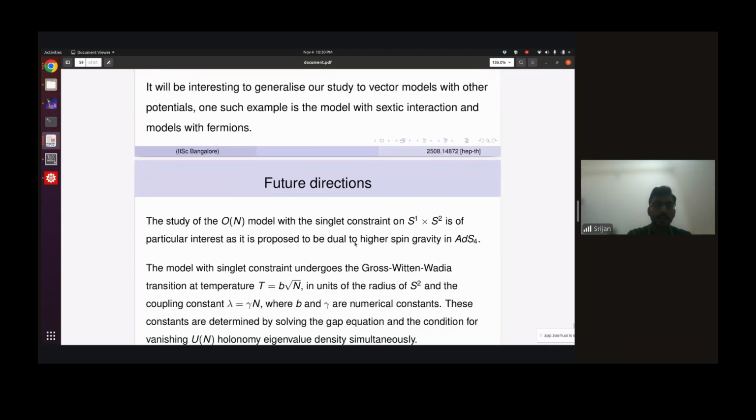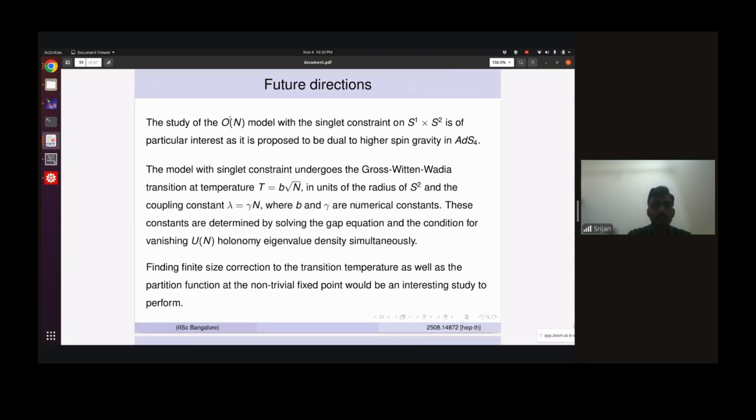Okay, so for future directions, the study of the Wien model with the singlet constraint on S1 times S2. So far we haven't put in the singlet constraint. It is particularly interesting because this theory is dual to higher spin gravity in AdS4. This model also undergoes the Gross-Witten-Wadia transition at a temperature which scales like square root n in units of the radius of S2, and the coupling constant scales like this, where b and lambda are numerical constants.